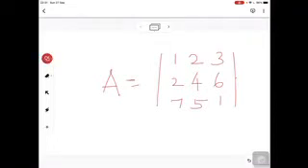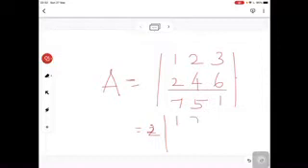From the second row, I can take the number 2 as common. So 2 into 1, 2, 3, and in the third row, I am writing as it is.